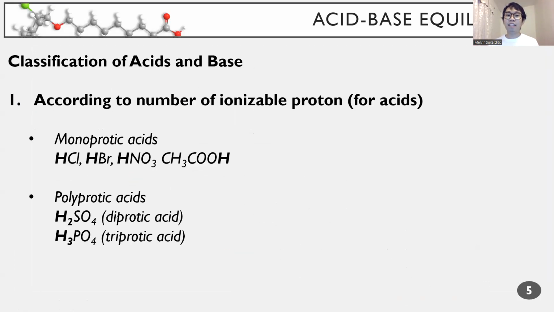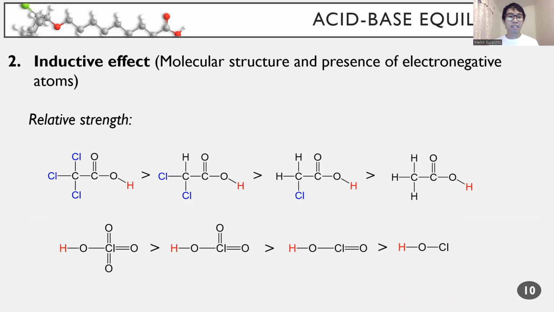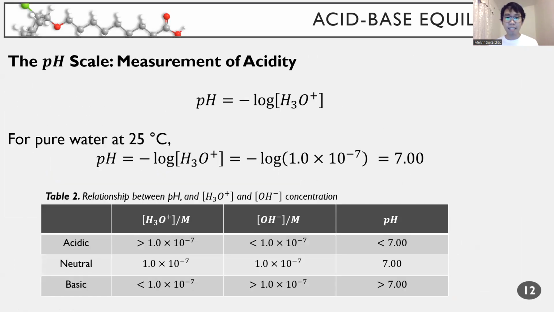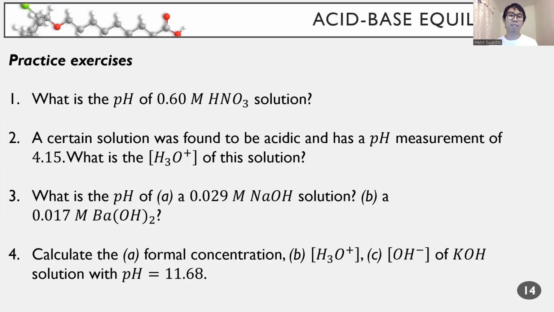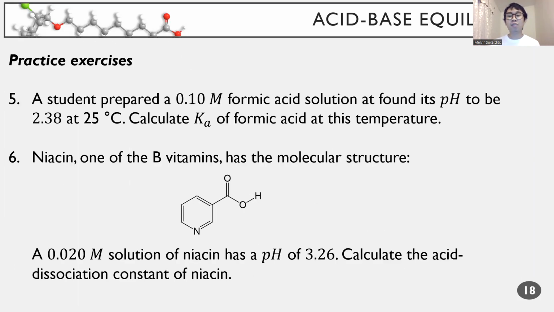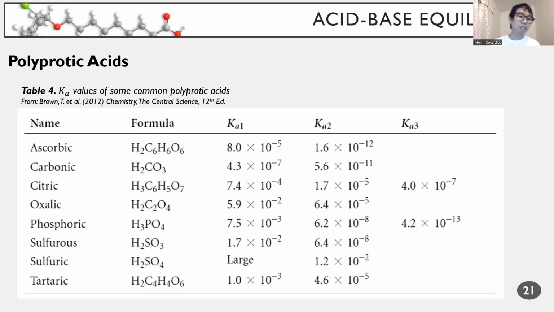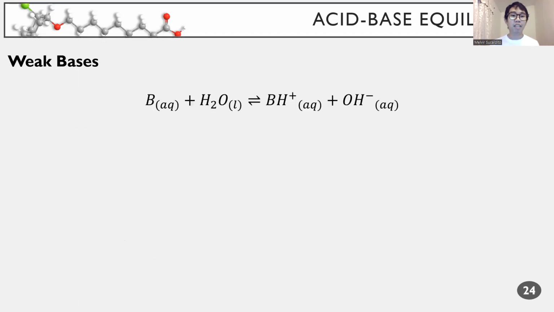Ito, na-cover na natin yung definitions ng acids and bases, different factors that affect acid strength, the equilibrium discussion for dissociation of weak acids and weak bases. So that's what we covered so far. Also, we looked at the dissociation of polyprotic acids, if you remember.